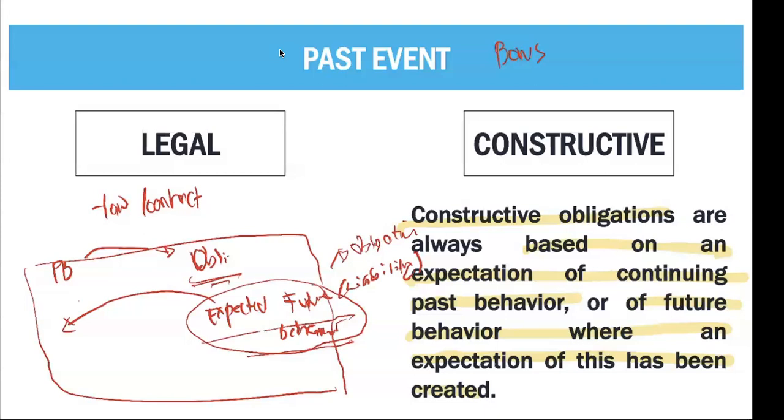That is a constructive obligation based on a past behavior. Okay? So again, your past event can be based on a legal event or a constructive event, which is a past behavior which creates an expected future behavior or an obligation in the future.